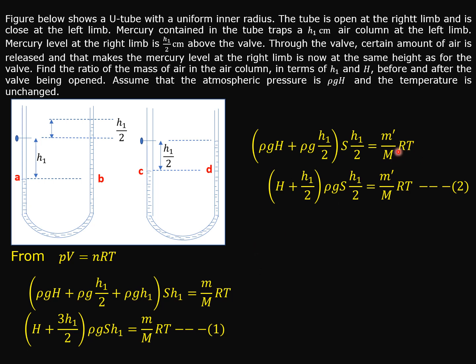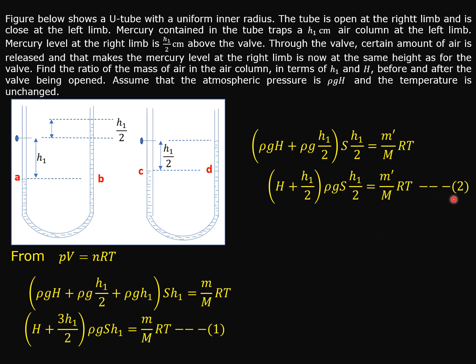The capital M is the molar mass, which is the same for the two cases because it refers to the same type of air in the air columns, and it is times RT. This whole expression again comes from PV equals nRT. Now rho g and rho g in the bracket are the same, so we can factorize to get rho g times H1 over 2. Bear in mind that S H1 over 2 is the volume of these air columns, and S H1 is the volume of the air columns before.